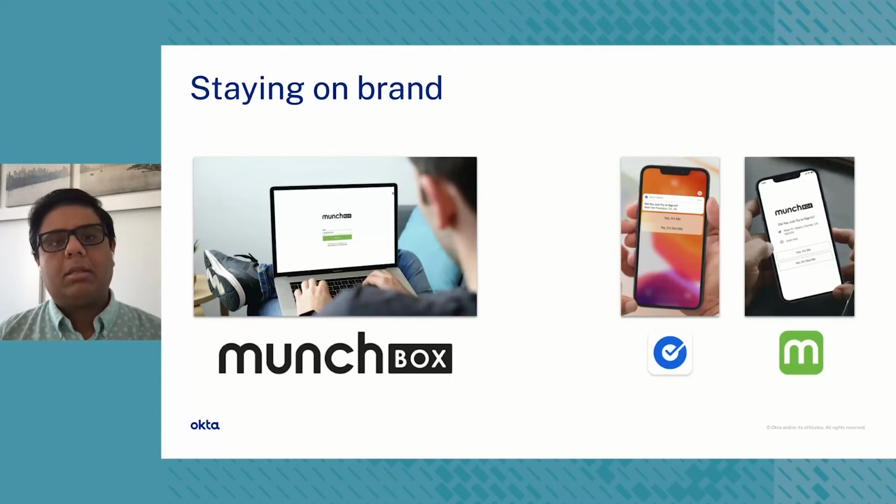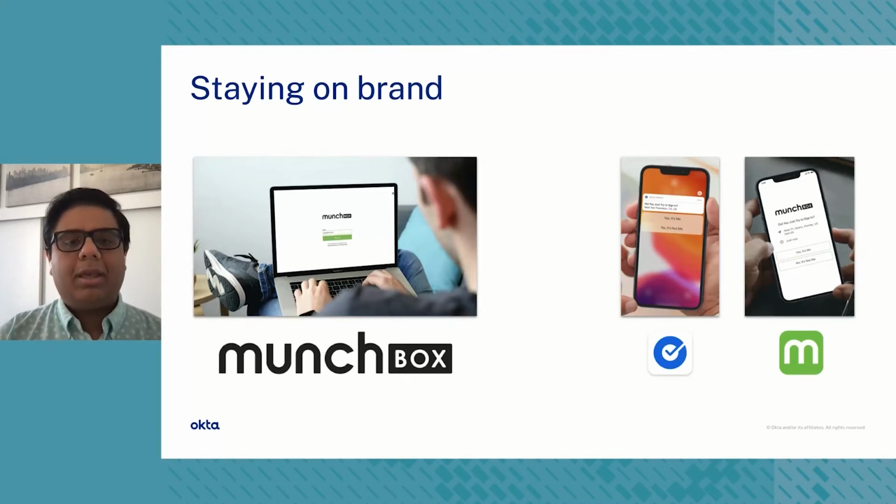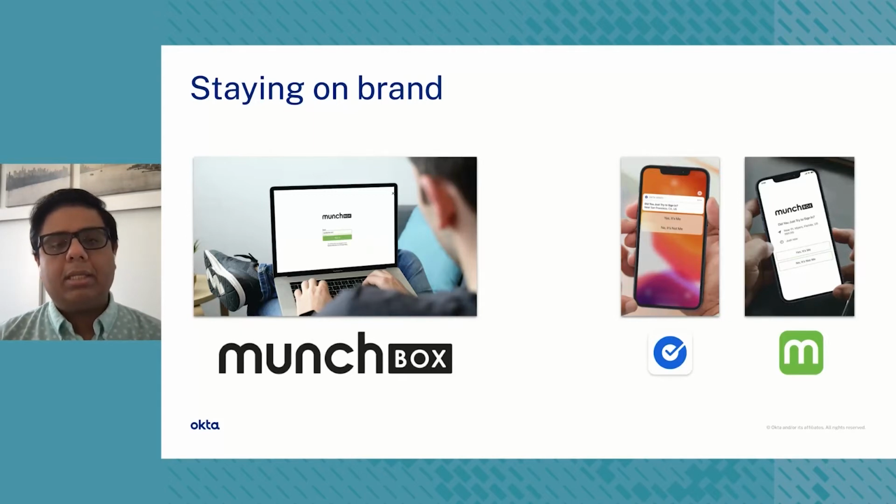Logically, it makes sense that I would download the Munchbox app, and the look and feel stays consistent. Some other benefits from this is one, you avoid the risk of having the user leave the site before signing up because they're disincentivized to go download Okta Verify. And it also helps you drive app downloads. And it makes sure that you control the full end-to-end experience if you're able to do this.